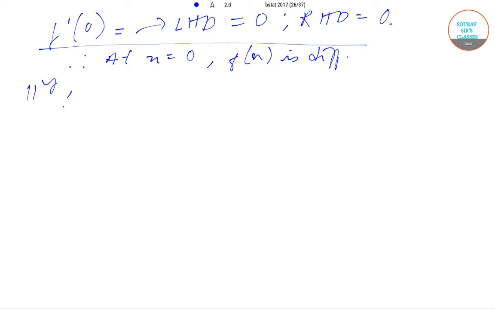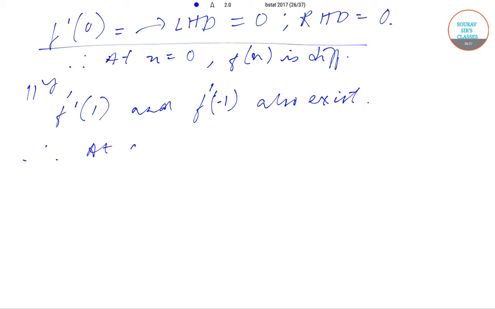Similarly, f dash 1 and f dash of minus 1 also exist. So at all the breakpoints, f is differentiable.